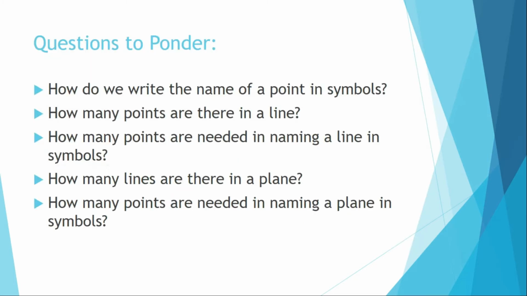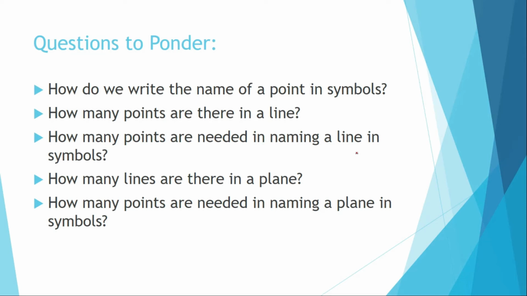Okay, so let's have these questions to ponder. How do we write the name of a point in symbols? Very good. We write the name of a point in symbols through a capital letter. One capital letter only. Next question, how many points are there in a line?